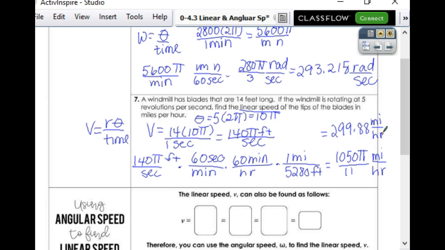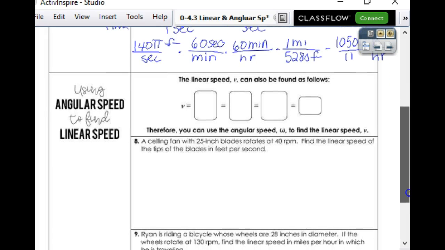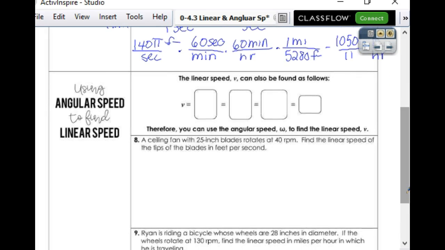Okay. So I just want to show you one more thing, then we'll be done for today. So we said that V is equal to S over T. And I know that S is the arc length, and the arc length is R theta over T. Well, if you turn your paper over and look on the other side, what is theta?